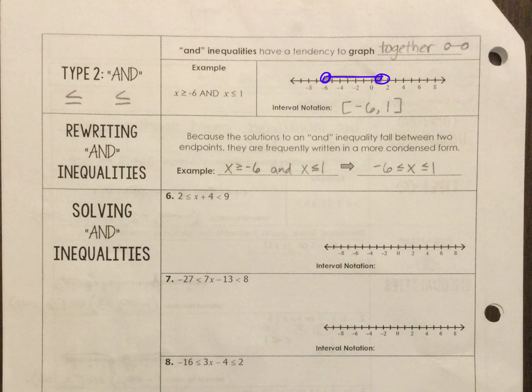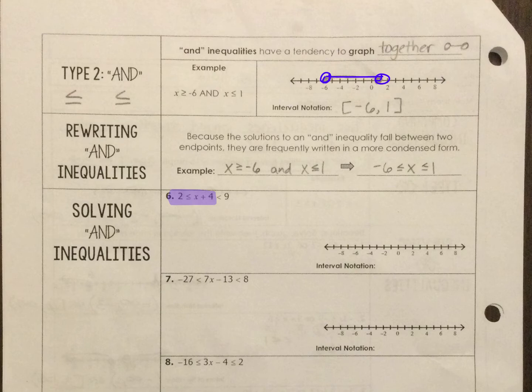So the first thing I'm going to do is show you how to split this and statement into two separate problems. It goes from the beginning of the problem to the second inequality. That's our first problem.